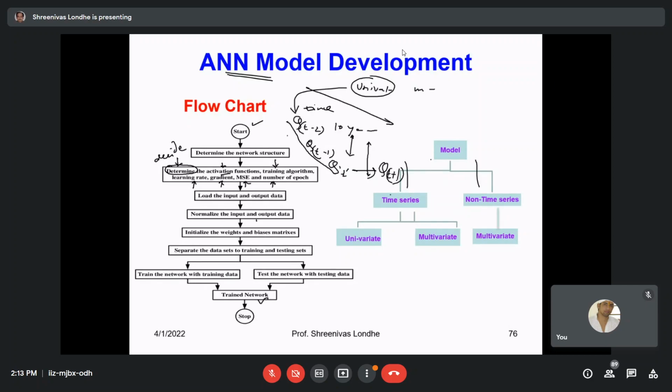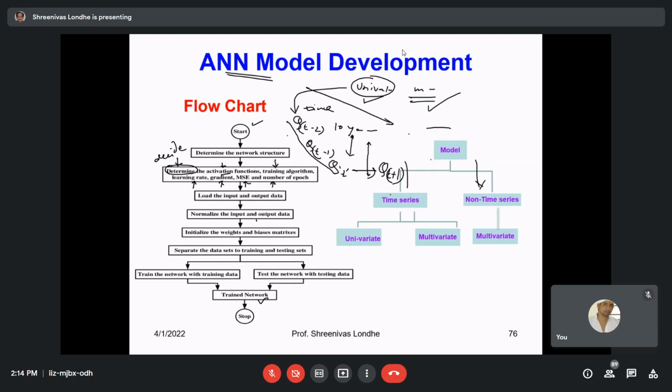If this model is developed, then that will be a univariate kind of model. But what we have learned about the evaporation model is again a multivariate model. All cause effect models, or models developed using causal parameters, are multivariate kind of models. Non-time series models are generally cause effect models.